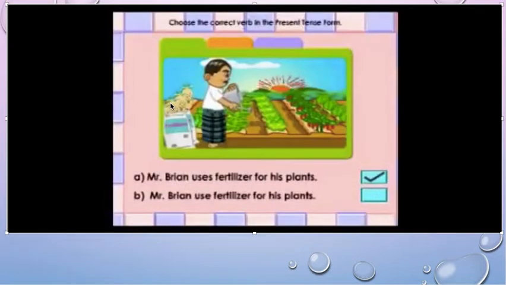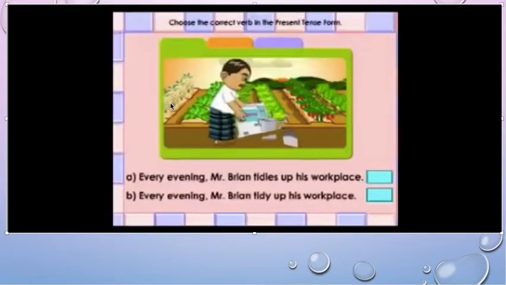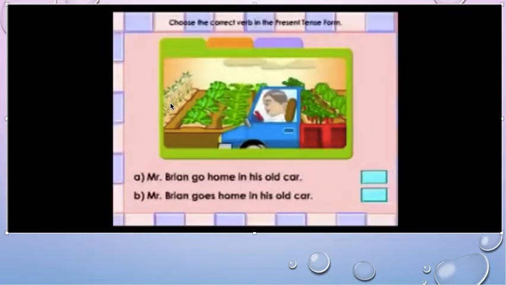Mr. Brian uses fertilizer for his plants. Every evening, Mr. Brian tidies up his workplace. Mr. Brian goes home in his old car.